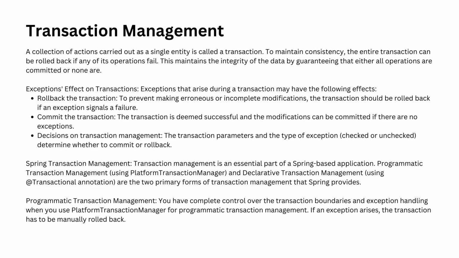Now talking about the @Transactional annotation, we have two types of transaction management in Spring: programmatic and declarative. Declarative transaction management is your @Transactional annotation. By default, Spring's transaction management will roll back on unchecked exceptions, like your RuntimeException, and commit for checked exceptions, right?